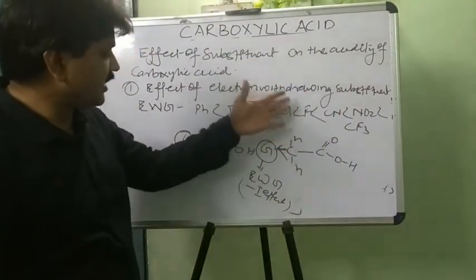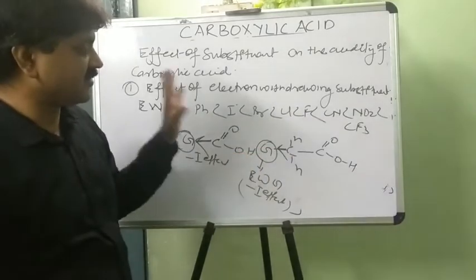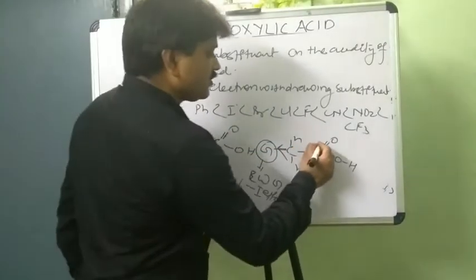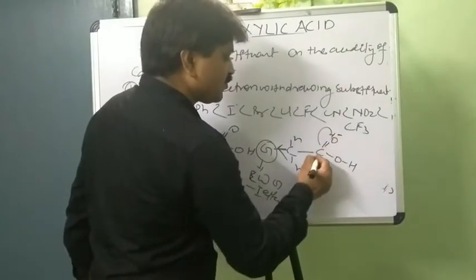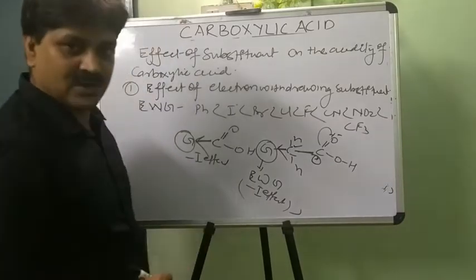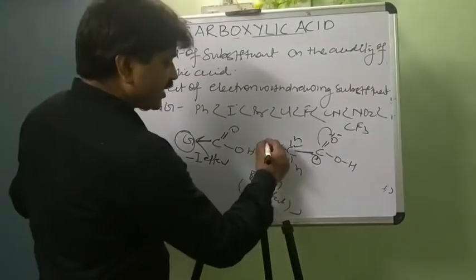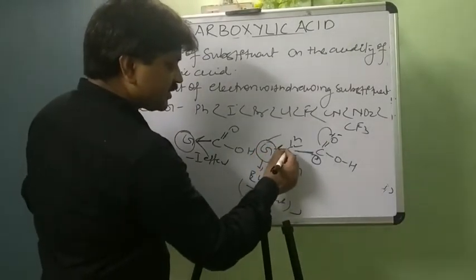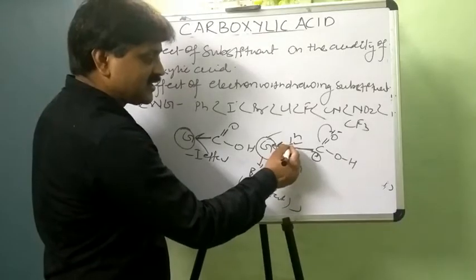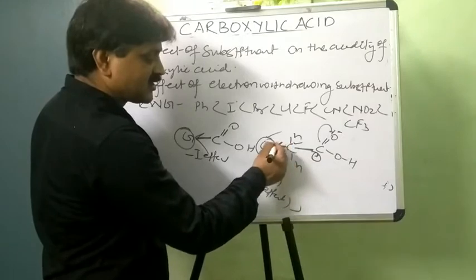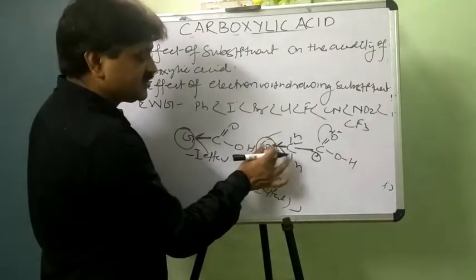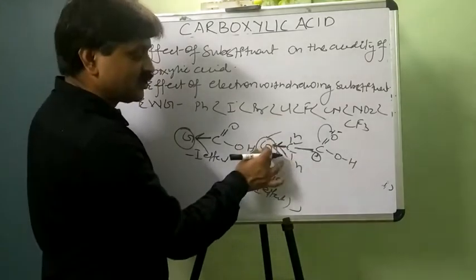Whenever this electron withdrawing group is present at this alpha carbon or any carbon after the COOH group, when the electron goes toward it, it becomes negative and the carbon positive, so it demands the electron from this carbon, because it is an electron donor group, but here the electron withdrawing group is already present. When it gets the electron from the carbon toward itself, the carbon is again deficient, because the pi electron and sigma electron disperse toward this group, as it is more electronegative.